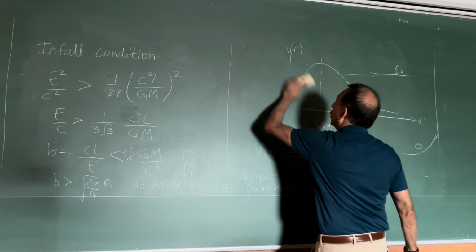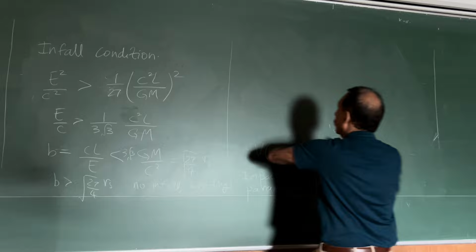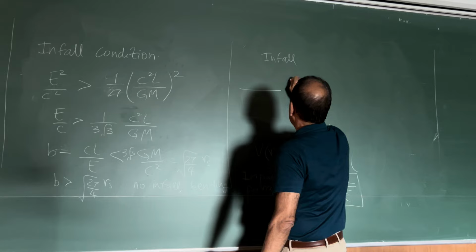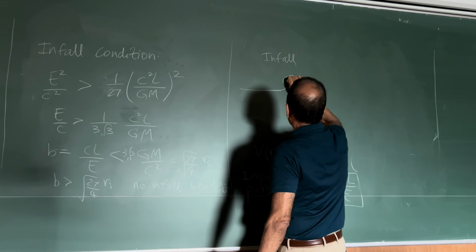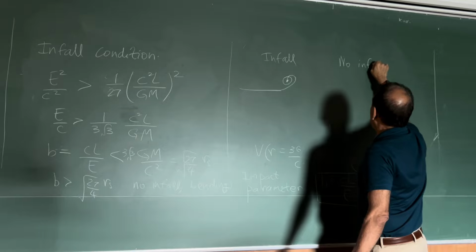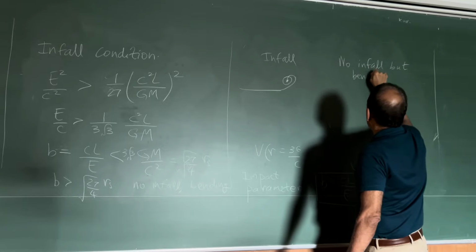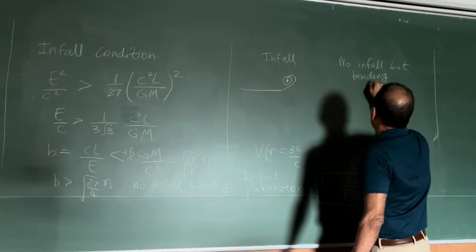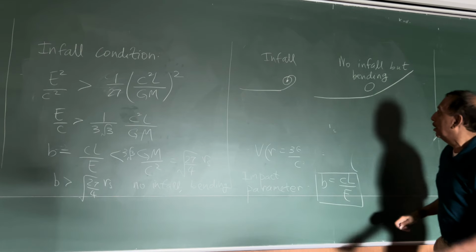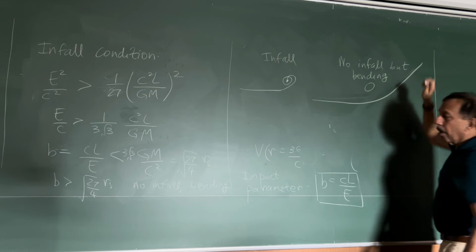Let's draw it. Infall: light coming in, planet here, light goes in. No infall, but bending: same planet, same light, except that it comes in with a different impact parameter, maybe a little larger one, and it goes there.